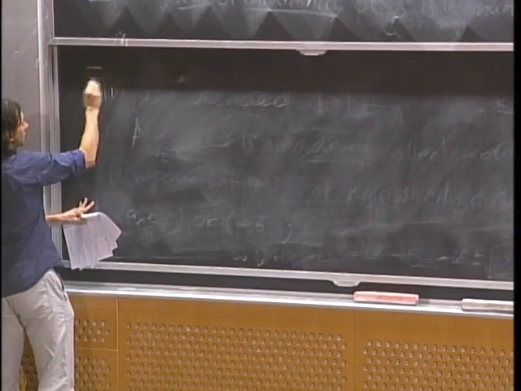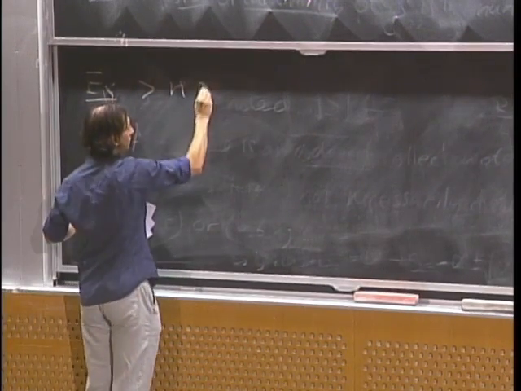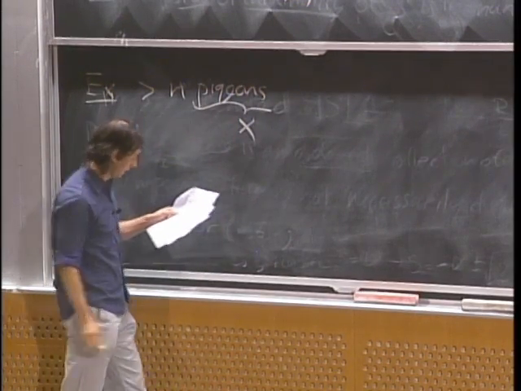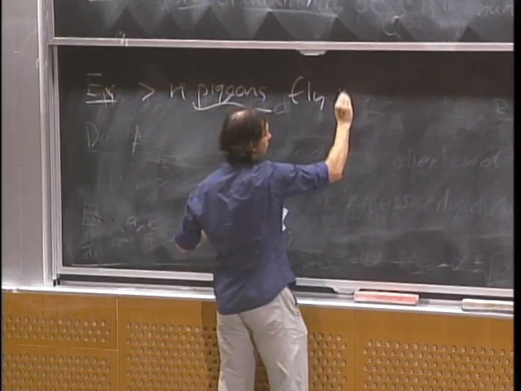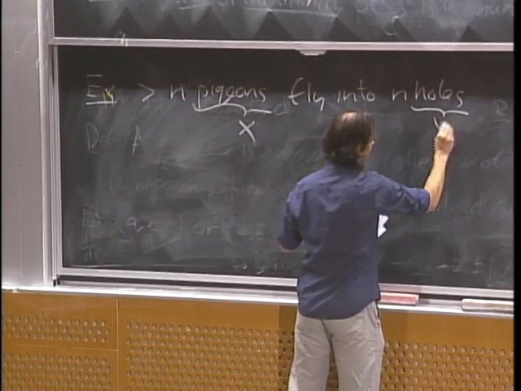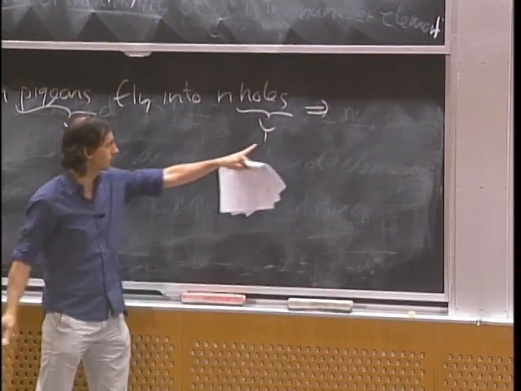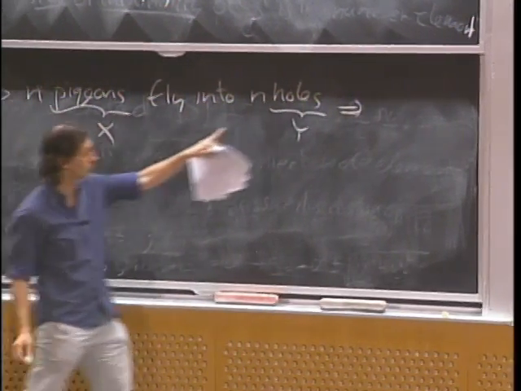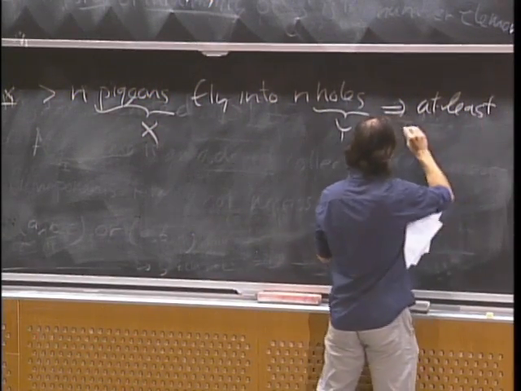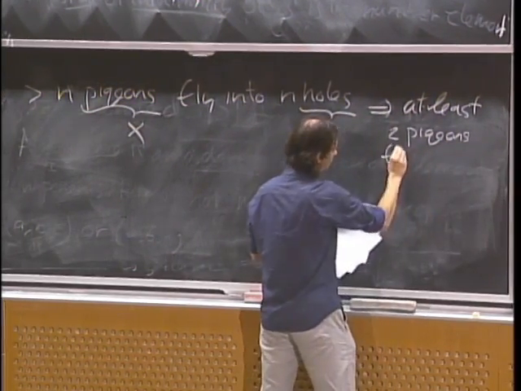An example is, if I have more than n pigeons, the pigeons from the set X, and say they fly into n holes, and the holes are my set Y, then I know that the cardinality of X is more than the cardinality of Y. I have more pigeons than there are holes. So I know that at least 2 pigeons will fly into the same hole.